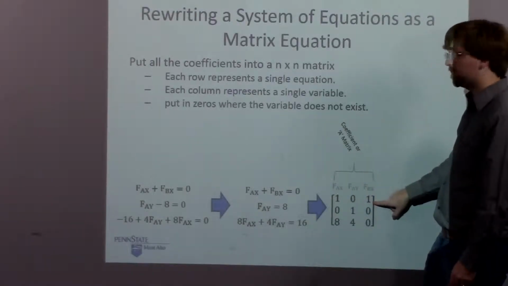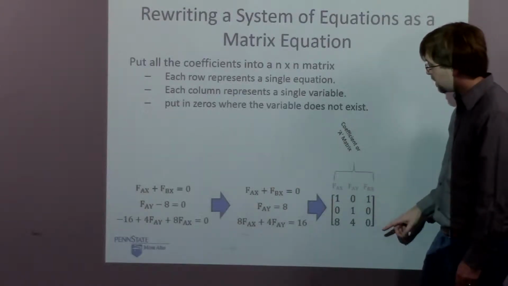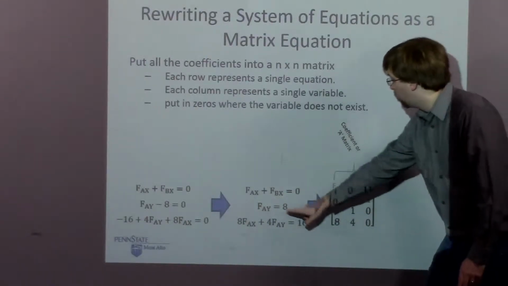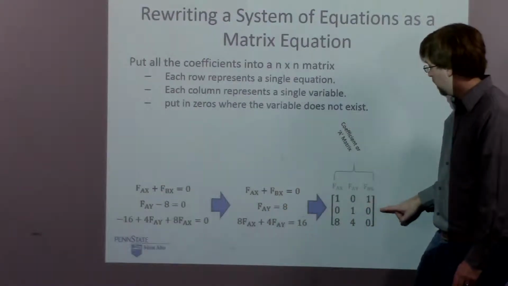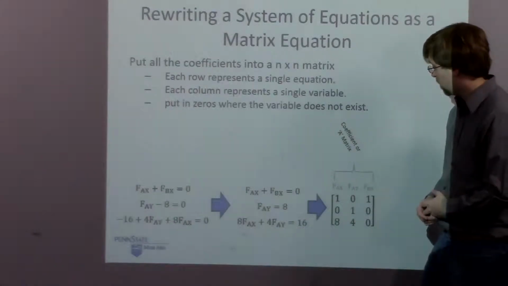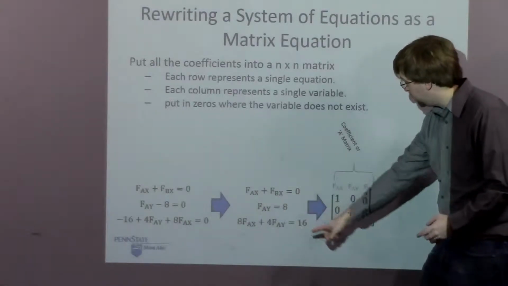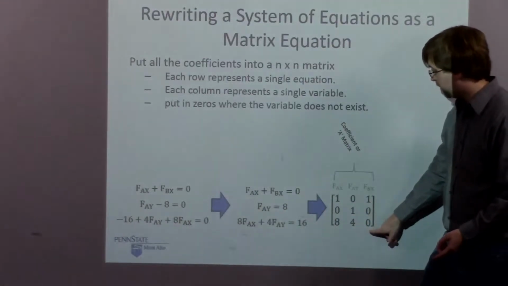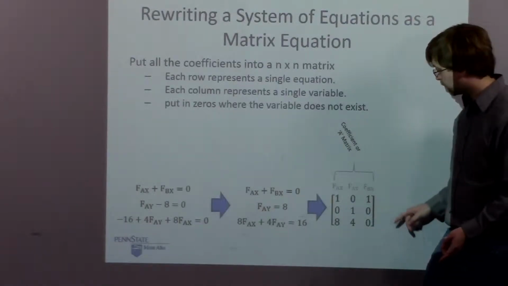So those are my coefficients for the first row. On the second row, I've only got Fay, so it's 0 times Fax, 1 times Fay, and 0 times Fbx, so I don't have anything in there. Third one, I've got 8 times Fax, 4 times Fay, and 0 times Fbx.